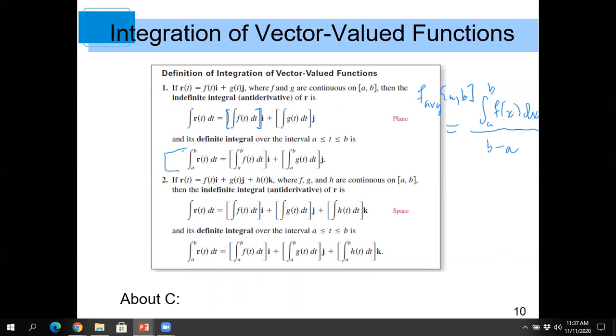Remember that little formula? What this is telling you is that integration is basically giving you a scaled average value for the function on the interval. After all, this formula says that the integral from a to b of f of x dx is basically b minus a times the average of f over the interval.